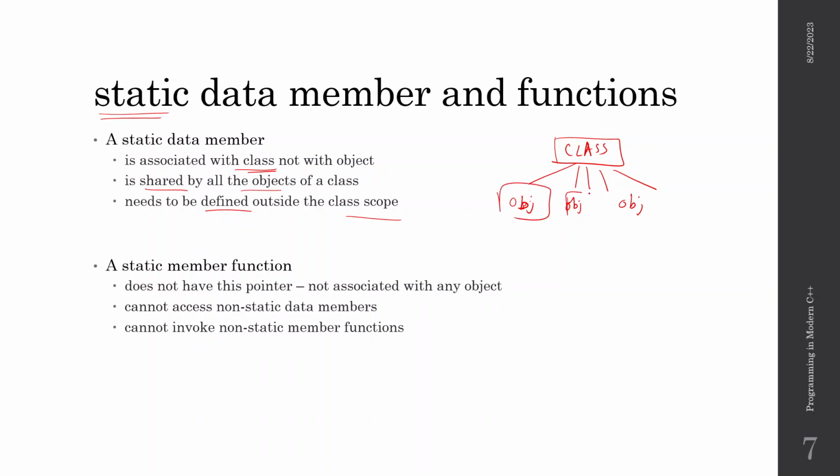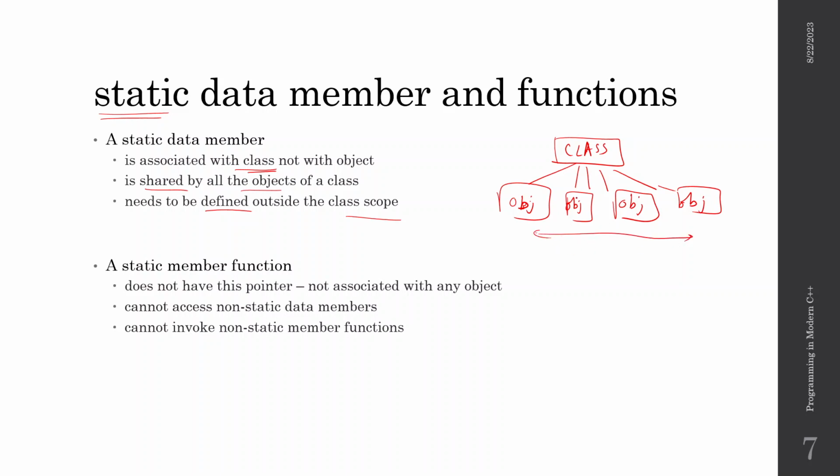Each of the objects has its own instances of data members, which is known as the state of the object, and these data members are independent of each other. But when we create a static data member, that data member is shared between all the objects of this class.